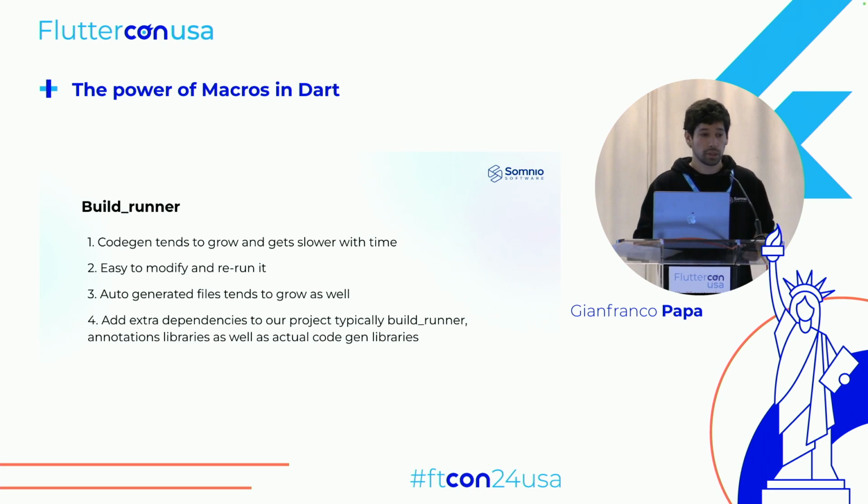Yet they're easy to modify and rerun if we want, so that's cool. And the whole code base tends to grow as well because we have duplicated files that are generated. And we have to add extra dependencies to all of our packages if we are using this, right? So these are some considerations.